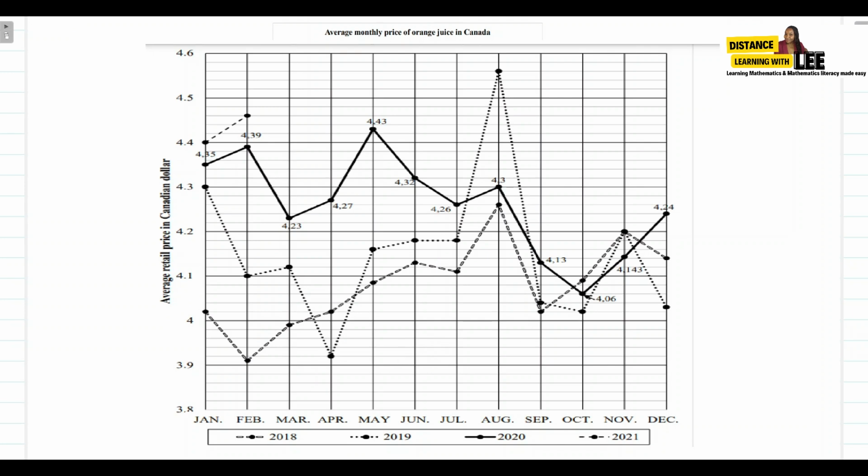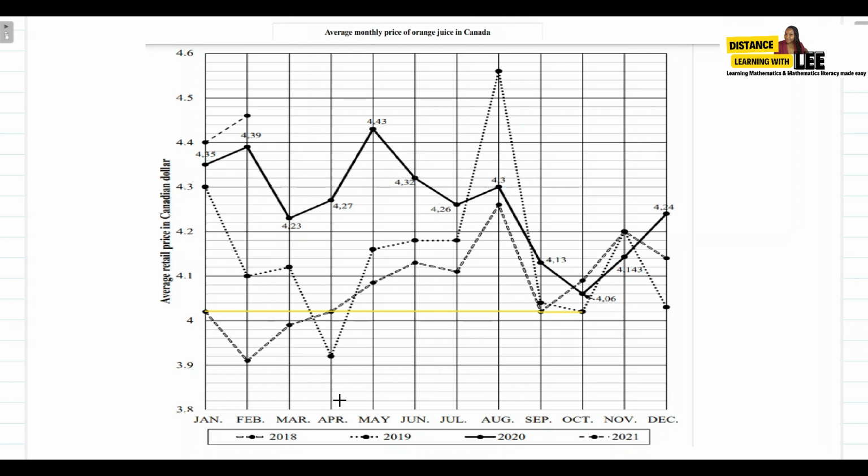For example, one might think that this part here is the same, because if you extend this, you'll find that the price of the orange juice is 4. So for September 2018 and October 2019, the price is the same there.